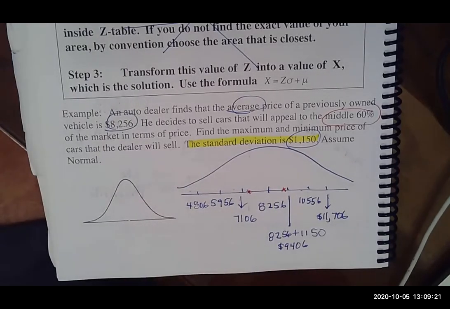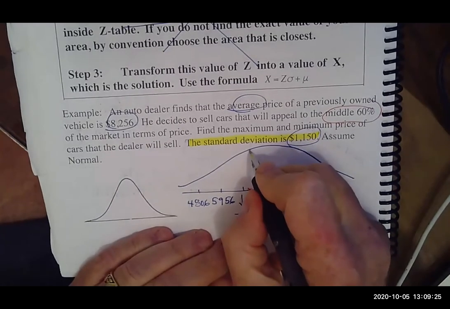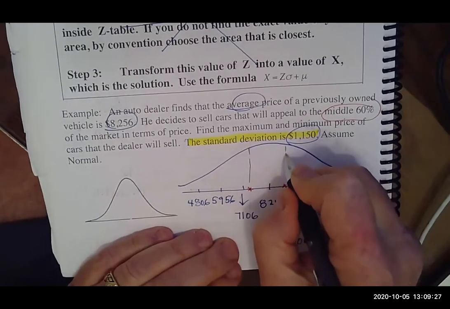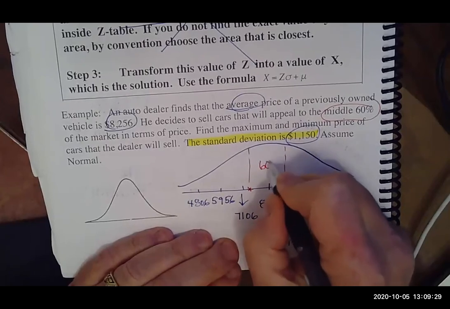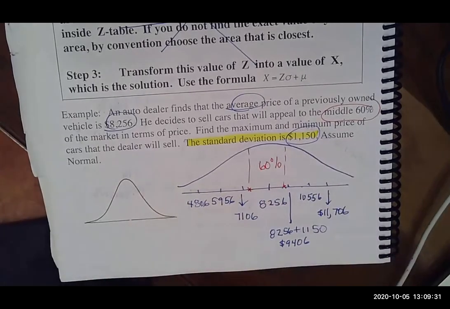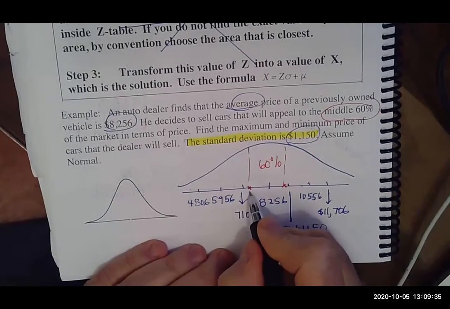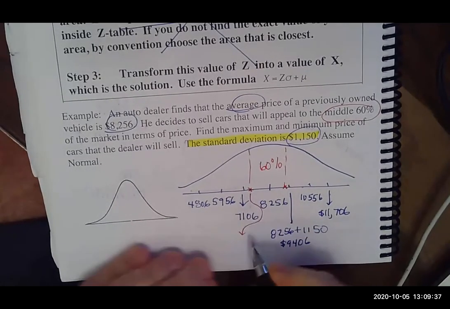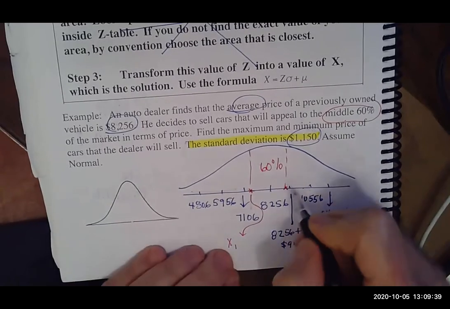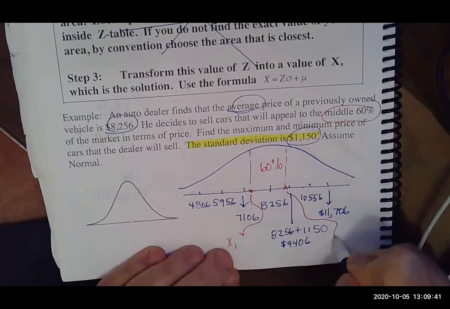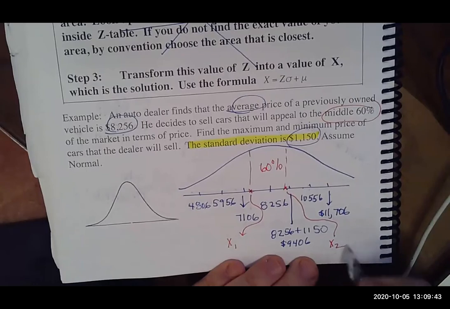I'm going to find them exactly in a moment, but that's about 60%. Not 68% because they're in a little bit. So this first marker right here is your first X. This one here is your second X.